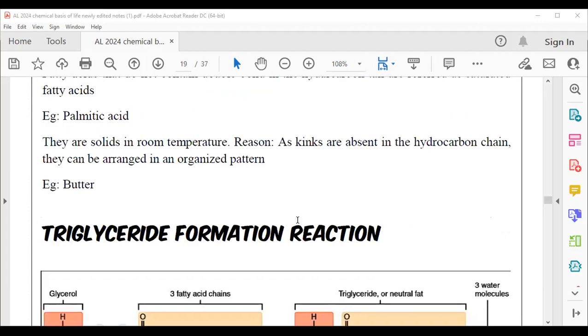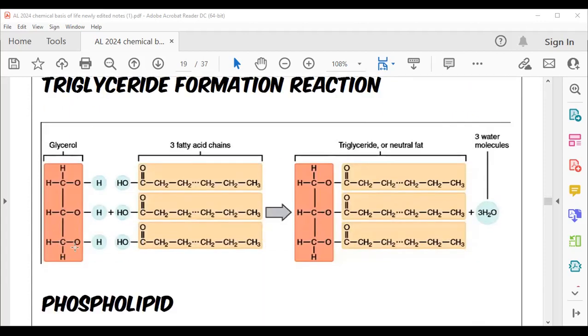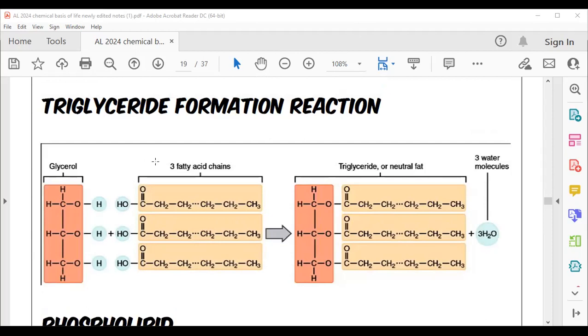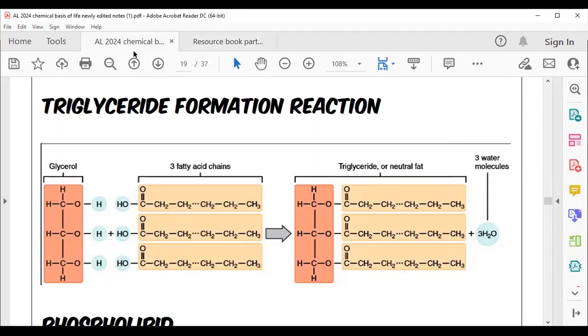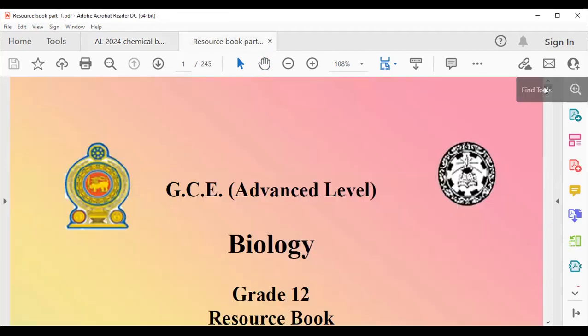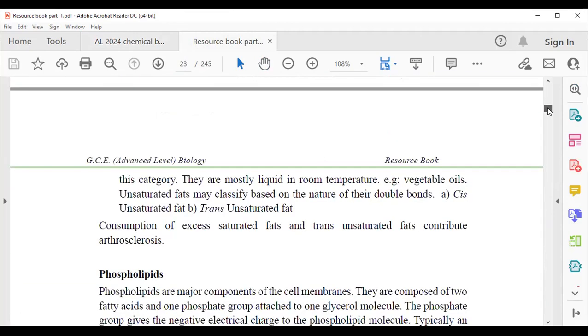Now we are coming to the triglyceride formation reaction. In the triglyceride formation reaction, I will show you the reaction. It is given in the resource book too.